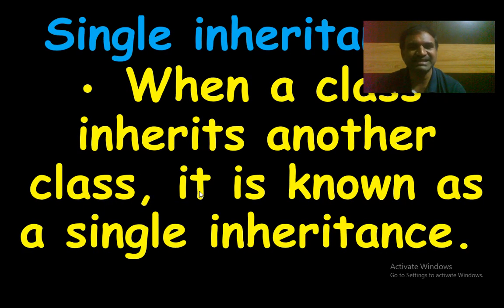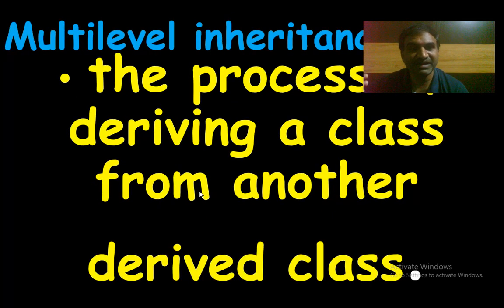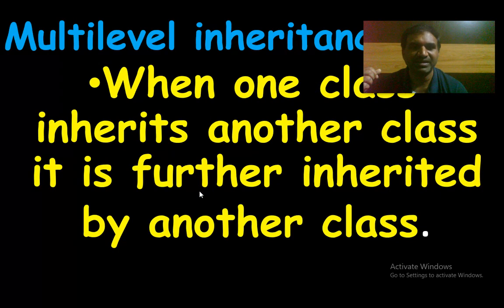When a class inherits another class, it is known as single inheritance normally. But the process of deriving a class from another derived class is multi-level inheritance. When one class inherits another class, it is further inherited by another class.